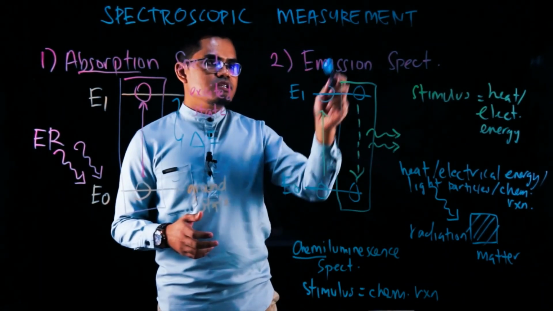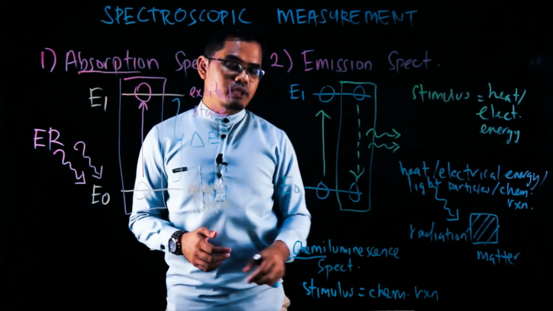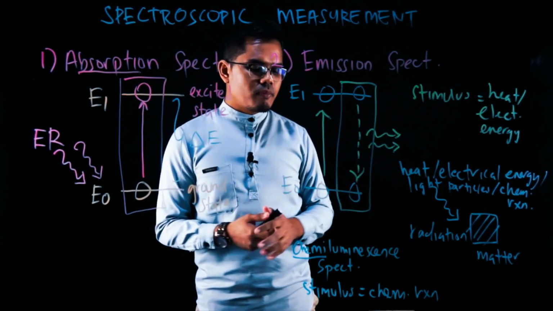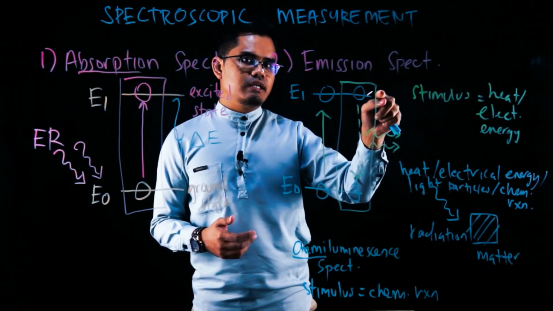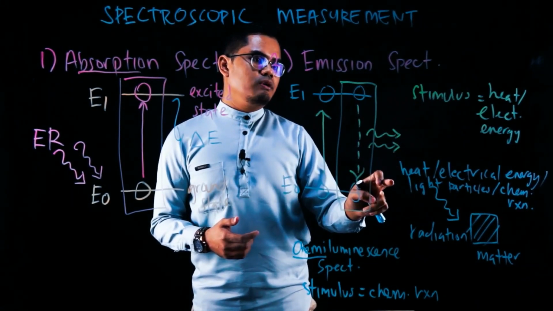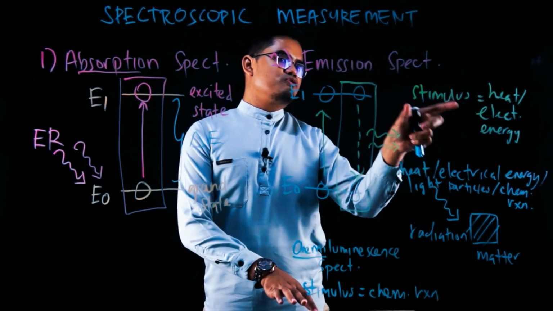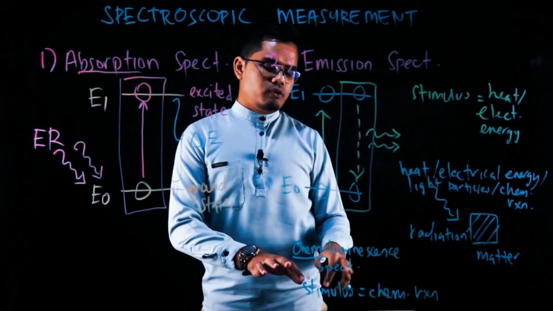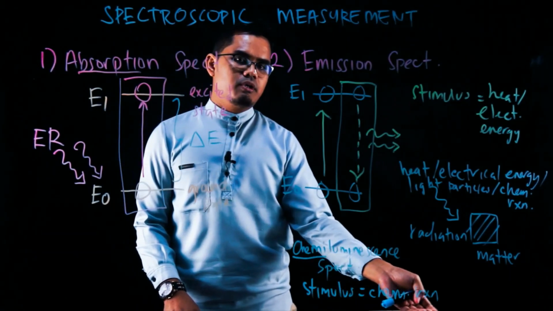For both emission spectroscopy and chemiluminescent spectroscopy, the mechanisms are the same. It involves the emission of radiant power as the analyte returns from the excited state to the ground state, but they differ only in the stimulus. Again, the stimulus for emission spectroscopy is heat or electrical energy, while for chemiluminescent spectroscopy, the stimulus is a chemical reaction.